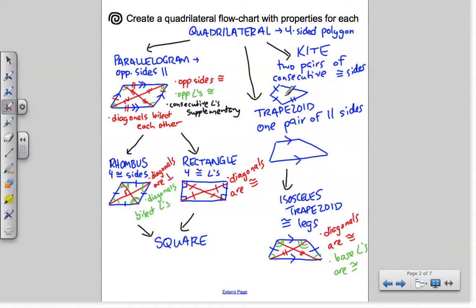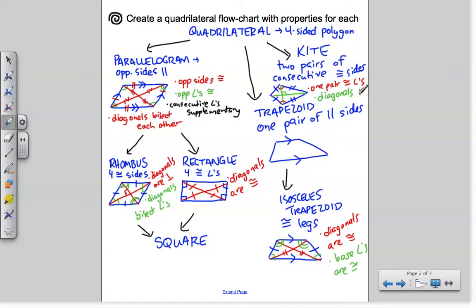And now we have one pair of congruent angles, here and here. One pair of congruent angles. The diagonals add more interesting features. First of all, they meet at a right angle.